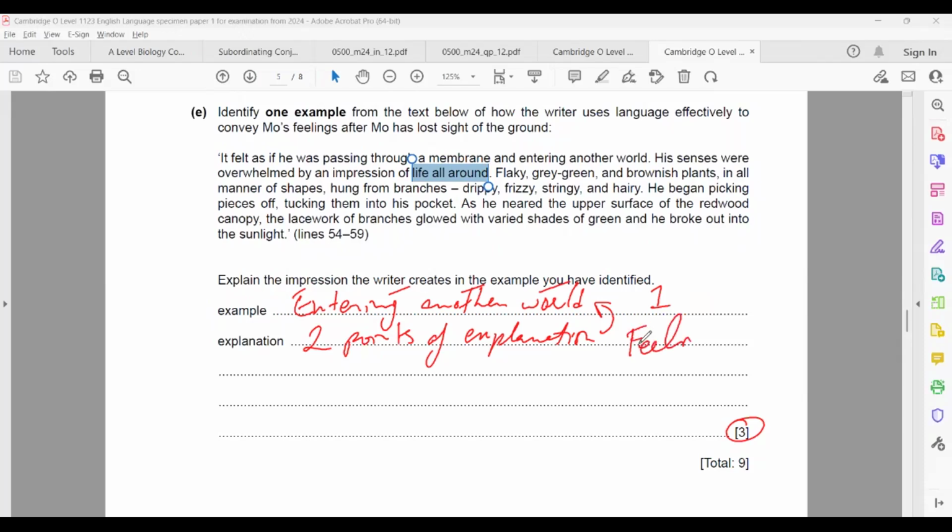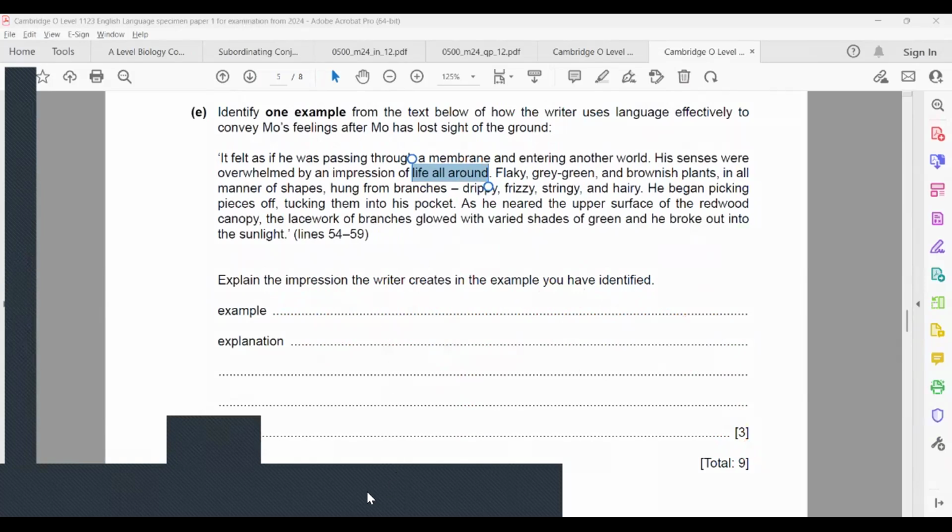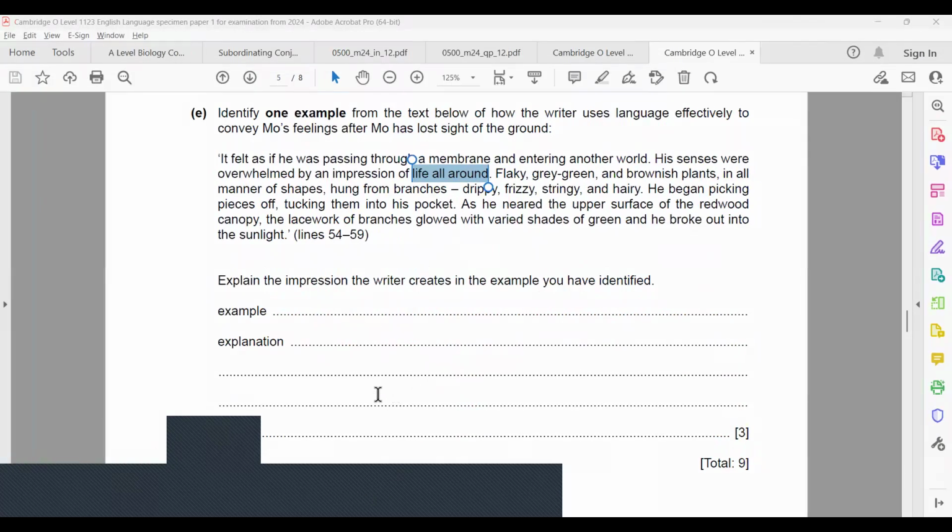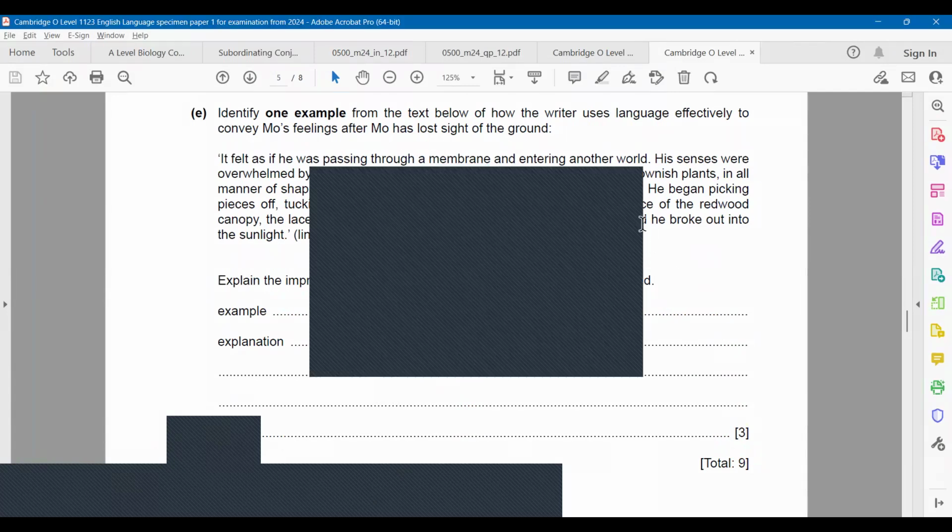What was he feeling? You explain that, you give 2 points, you get your 3 marks. Now again, the question and the text will be different, but the approach is what we're focusing on.